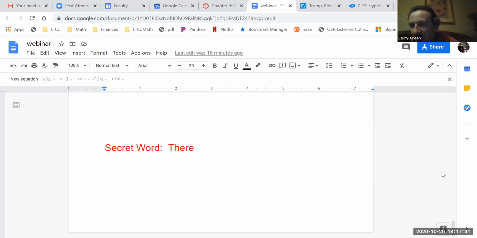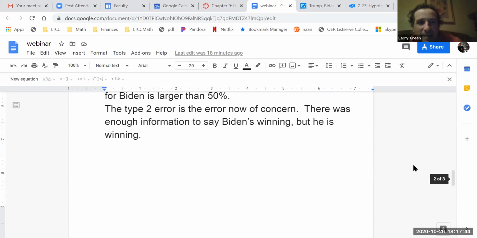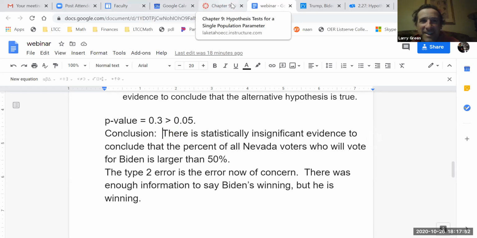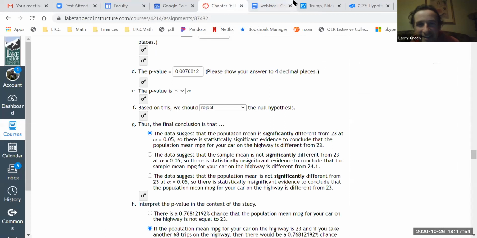And here's the reason: if you're doing a hypothesis test, look at the conclusion, look at the first word, there. Even in the homework, if you look at the conclusion part, there. And that gets you going.